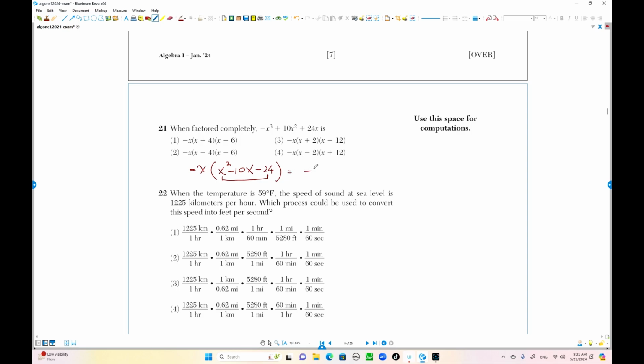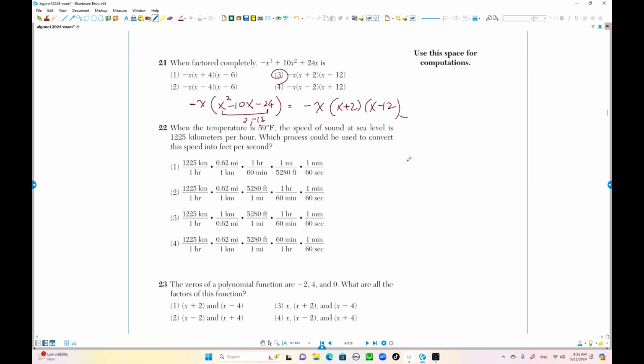You gotta be careful, not 4 and 6, okay? 4 and 6 is negative 10 with negative 4, negative 6, that's going to be positive 24. That is not working. So this is working: 2 and negative 12. Sum of this one is negative 10, product negative 24. Okay. So x plus 2, x minus 12 is the answer. Choice 3 is the answer.